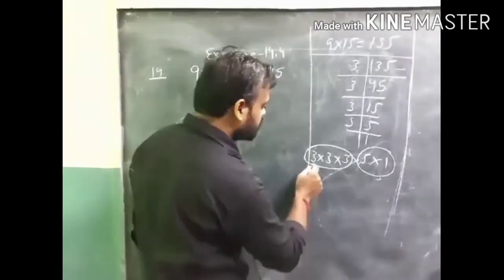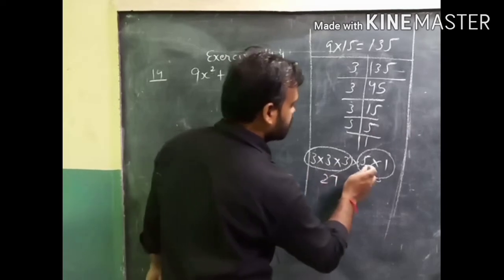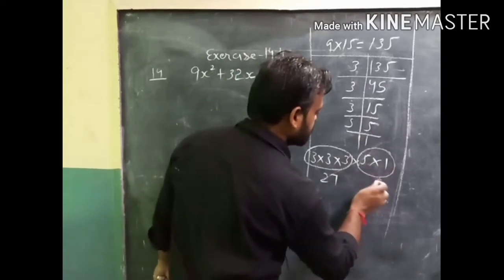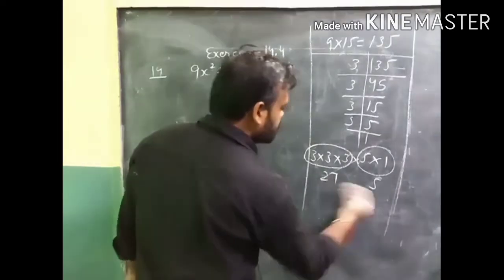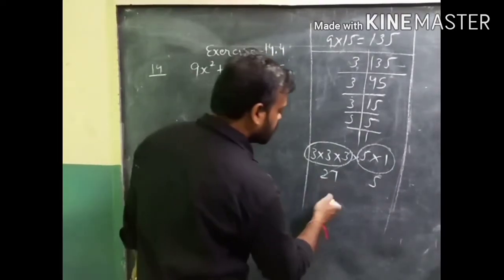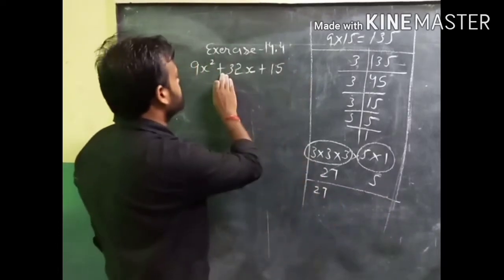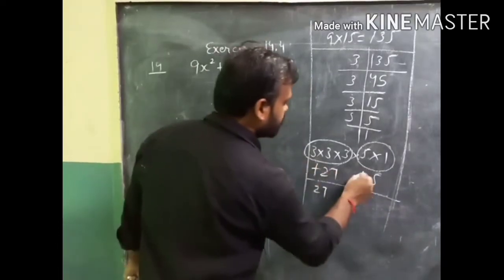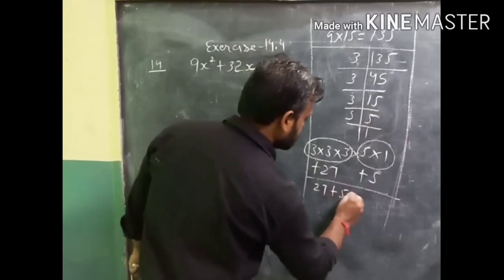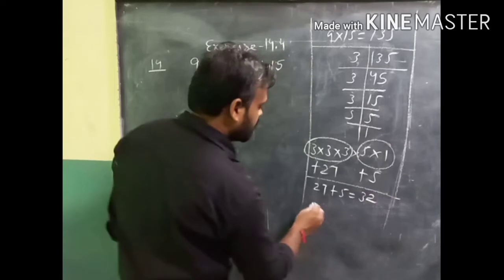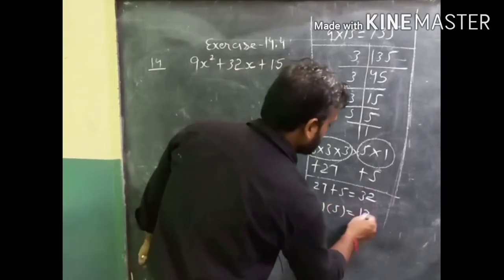So now you can see 3 times 3 is 9, 9 times 3 is 27, and 5 times 1 is 5. So I got these 2 values. Now are these values satisfying? Of course, because both have a plus sign, and 27 plus 5 becomes 32, and also the multiplication of 27 with 5 becomes 135.